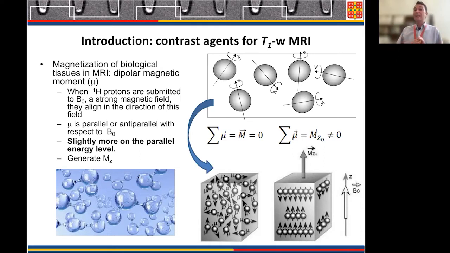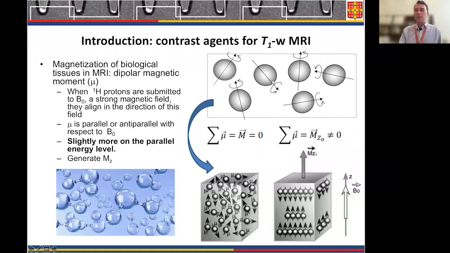It is a very strong magnetic field, and the hydrogen protons will orient their spins mainly into one direction, with a very small fraction of the spins oriented toward the positive orientation of the main magnetic field.